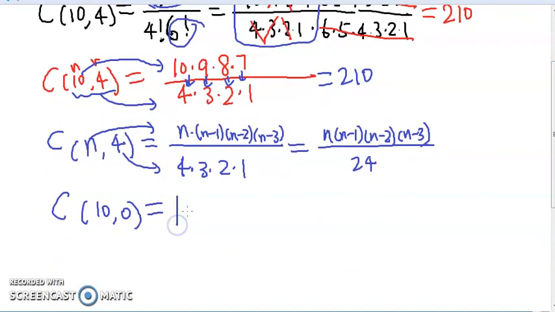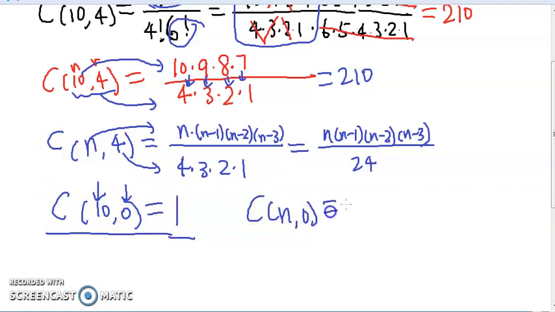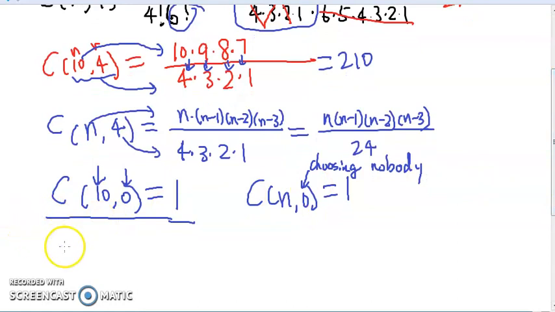Well, it's going to be equal to 1, because from the definition of combination, we have 10 people and we want to choose 0 people. There's only one way to choose nobody, and that is also considered a way of a combination. So any number choose 0 will always be equal to 1, because this 0 means choosing nobody. Choosing nobody is also considered a possible combination.